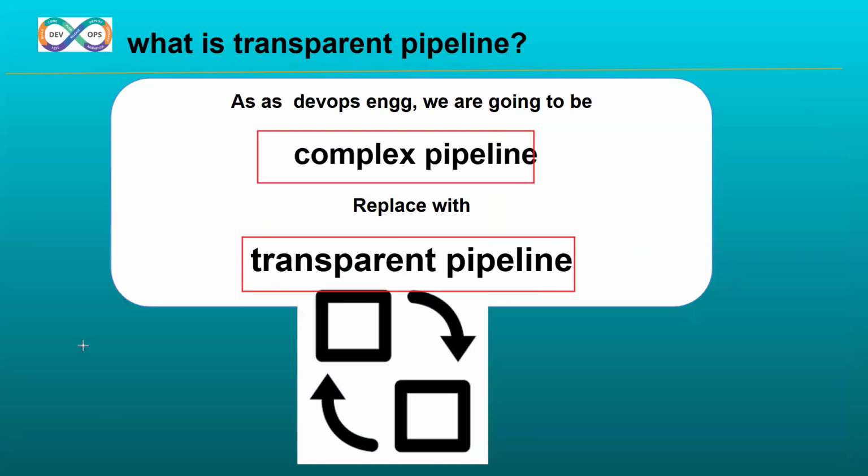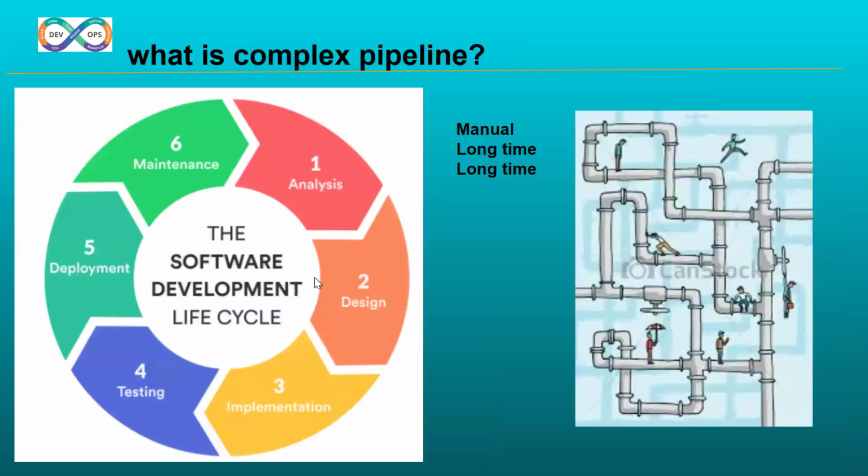So what exactly is a complex pipeline? The complex pipeline is nothing but our SDLC process. Our software development lifecycle is a complex pipeline. Sir, why are we calling it a complex pipeline? Because it is a manual process, from analysis to design, design to implementation, implementation to testing, testing to deploy, deploy to maintenance.